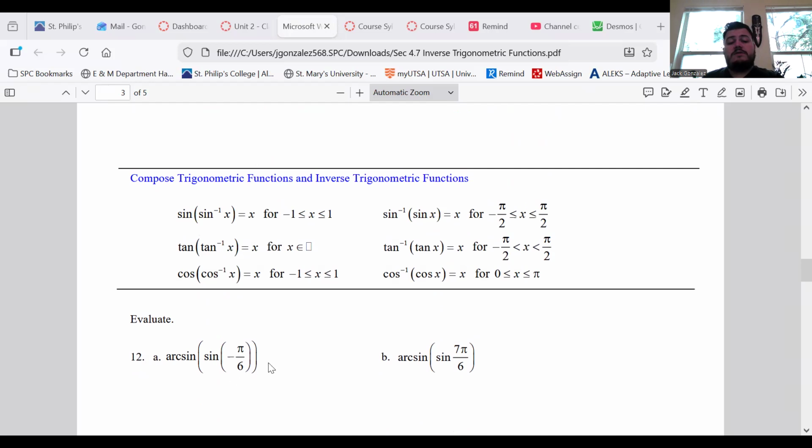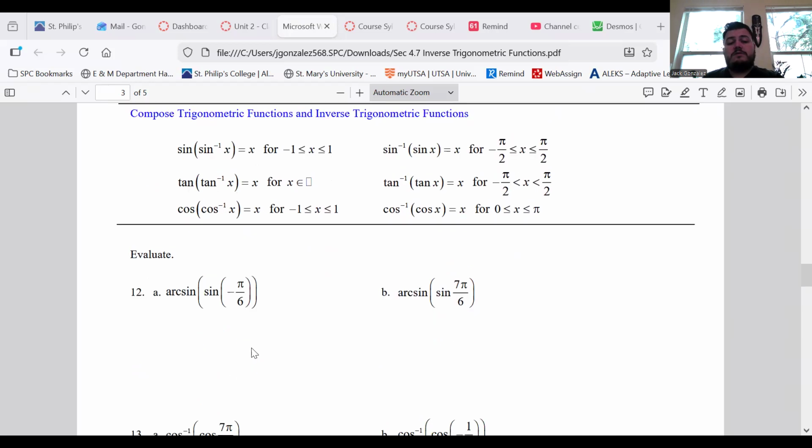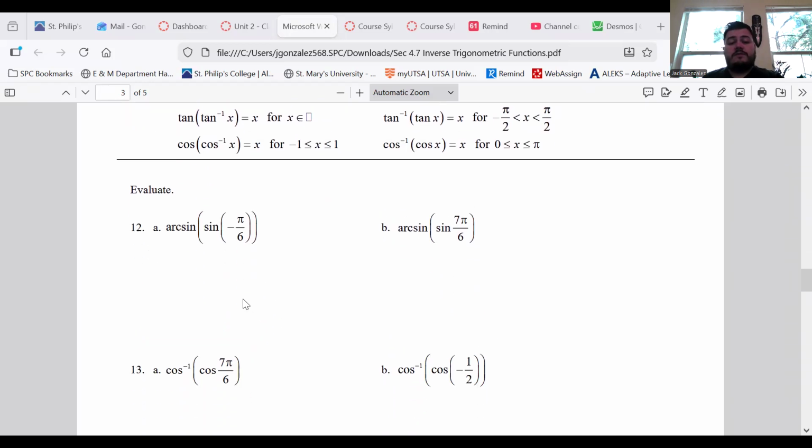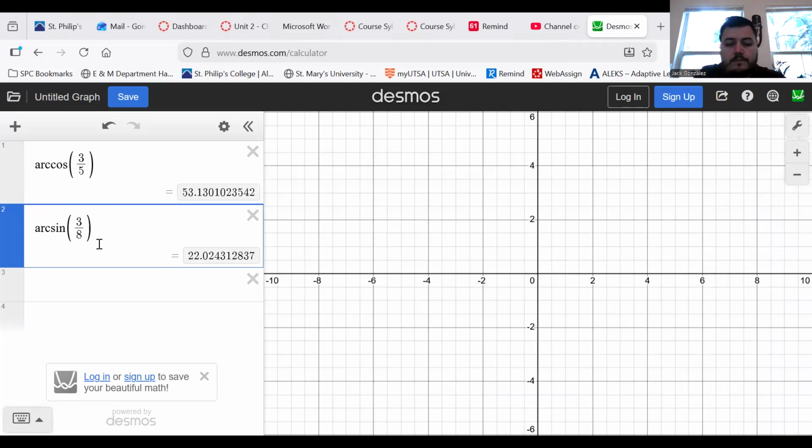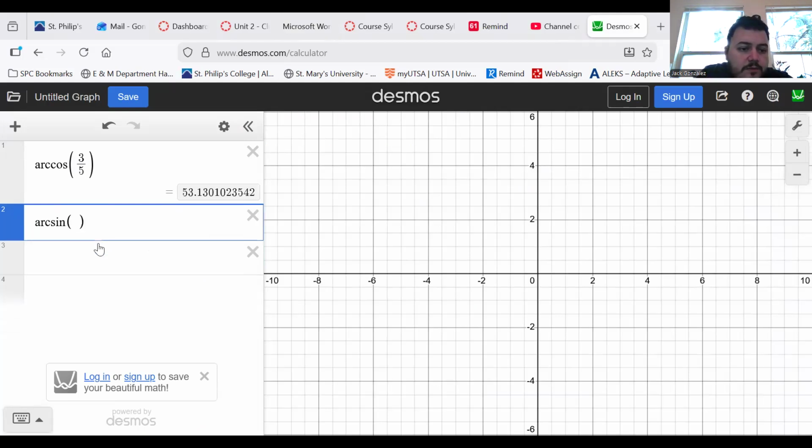Negative pi over 6 is good, so it should be fine. So this one's defined. The output would be, let's go to Desmos.